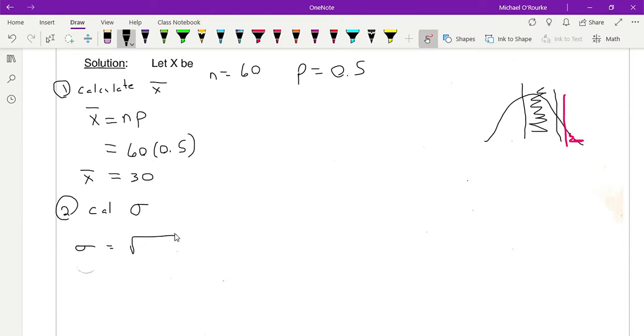The square root of NP, which is realistically, did I write it as NP or the mean? NP? Okay. You could also write it like this if you wish. Because NP is just your mean, correct?